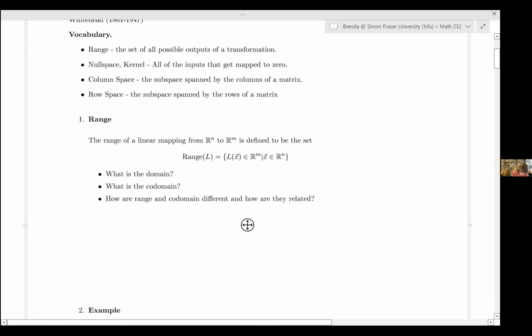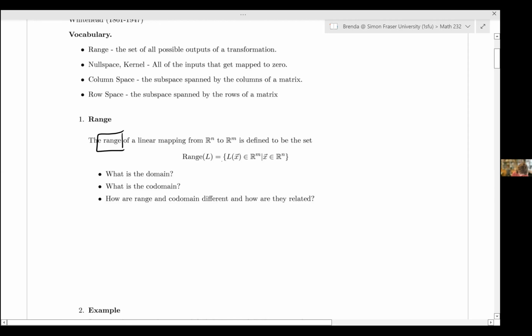Okay, so the range of a linear mapping is defined to be the set of the possible outputs. We have a domain for our linear transformation that is all of the possible inputs, and the full set of outputs that results from that is the range.